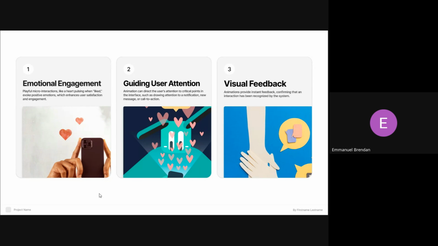So let's continue. The first thing we have is emotional engagement. This is very important because your users need to understand. You have to communicate to them emotionally, psychologically, sometimes subconsciously, because some of the engagements we have on social media are done out of our subconscious effort.